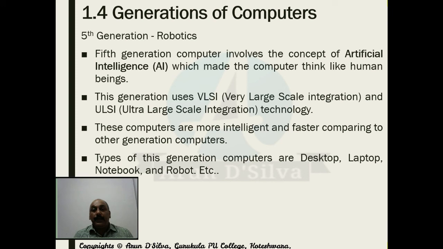At the beginning, the first generation computer came with vacuum tubes, and later vacuum tubes were replaced with the transistor, and that is called the second generation. Transistors were replaced with integrated circuits, and that is called the third generation. These integrated circuits were replaced with the microprocessor, and that is called the fourth generation. And later robotics was introduced, and that is called the fifth generation.